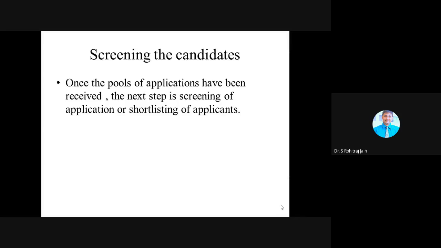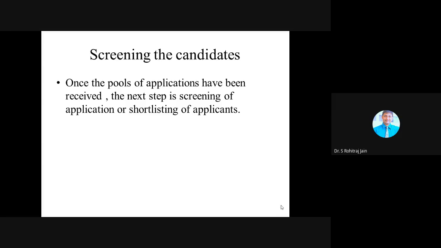Then we understood screening the candidates. Once the pool of applications has been received, the next step is screening of applications or shortlisting of applicants.